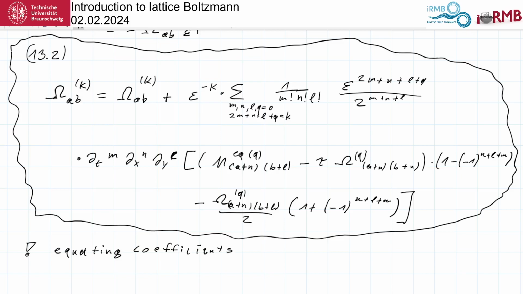We are equating coefficients and say that because epsilon is defined to be larger than 0, but otherwise arbitrary, and omega AB K, so that's an important thing to remember, these things, by definition, are not dependent on epsilon.